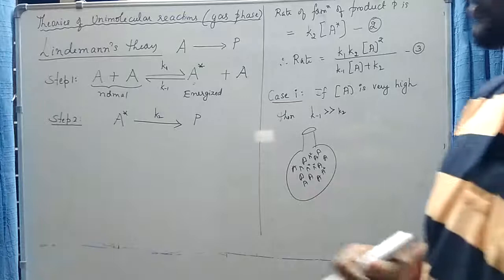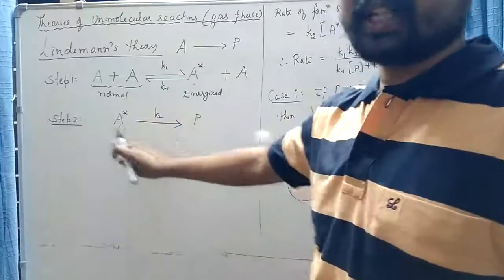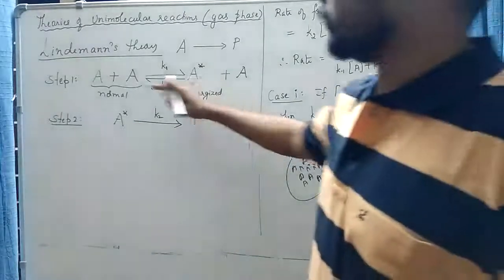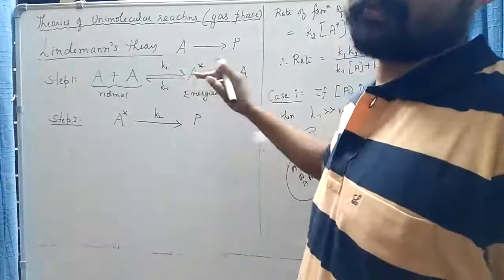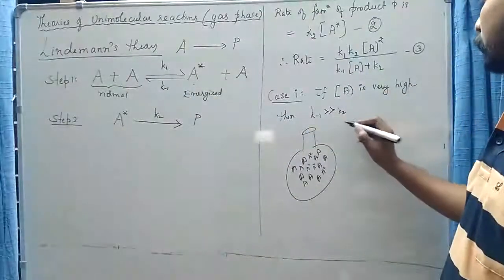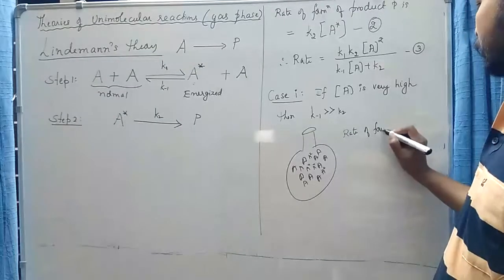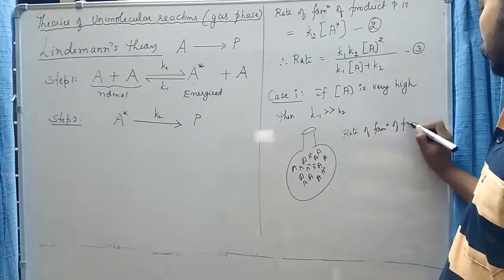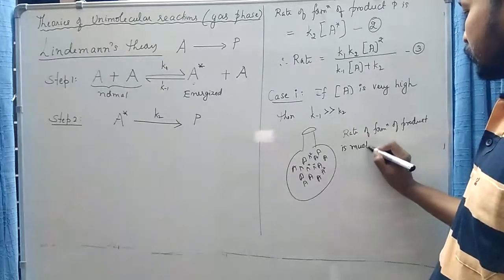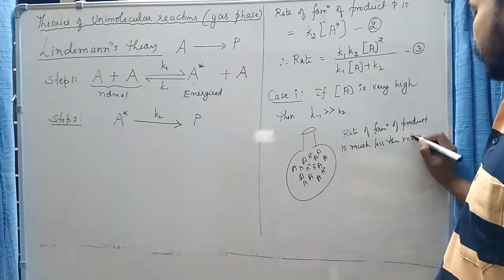So in such a case, the rate of formation of the product, that is the rate of the second step, will be much lesser than the rate of the reverse step 1, that is the rate of de-energization.